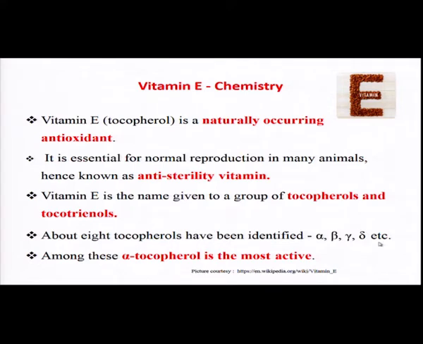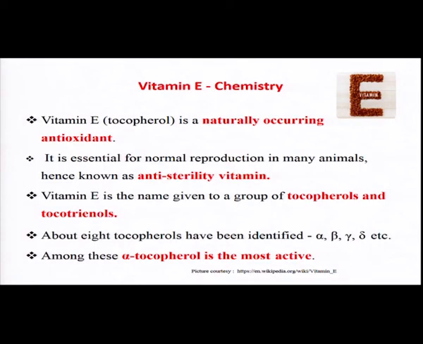So, we call them alpha, beta, gamma, delta, and it goes to a point where you have around 8 categories of tocopherols. If you look at the structure of vitamin E, we say tocopherol, an alcohol molecule, and you have tocotrienols, which have more polyhydroxy functional groups present in the vitamin E.